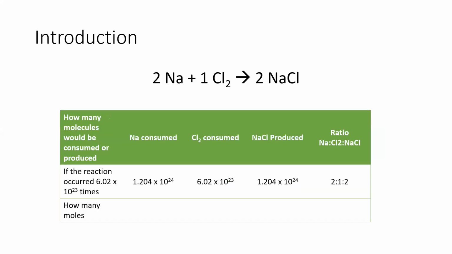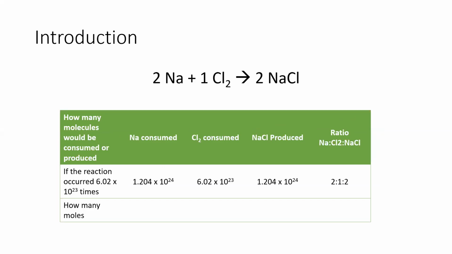If we had this happen 6.02 times 10 to the 23rd times, even more, we would consume 1.204 times 10 to the 24th sodiums, consume 6.02 times 10 to the 23rd chlorines, and produce 1.204 times 10 to the 24th sodium chlorides. But still that same 2 to 1 to 2 ratio.